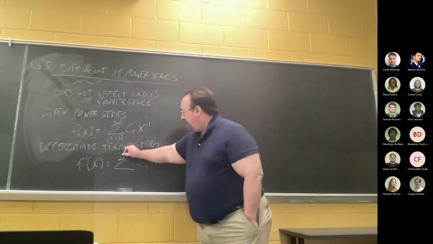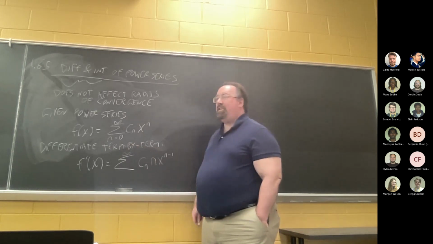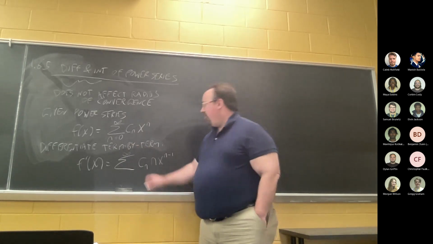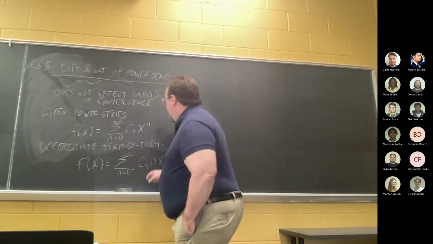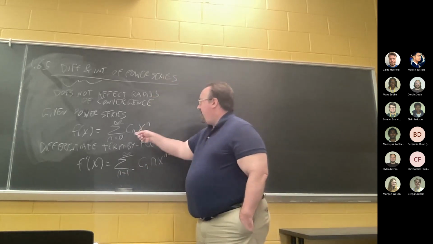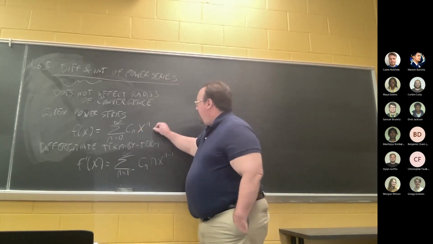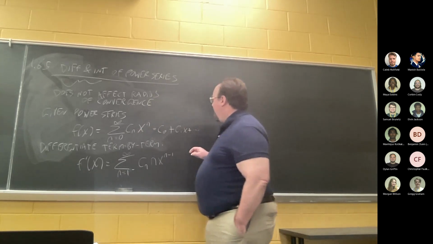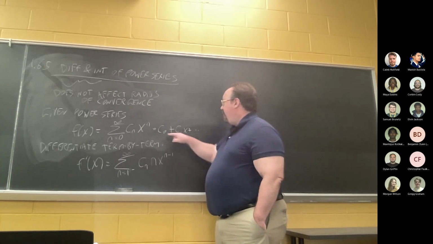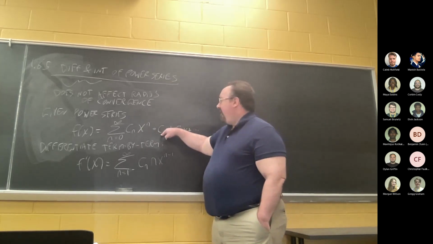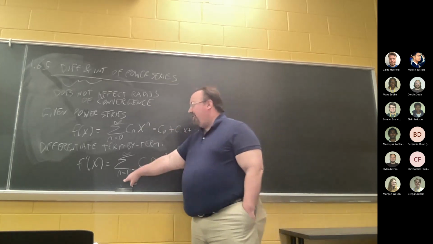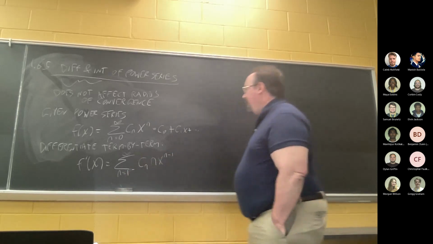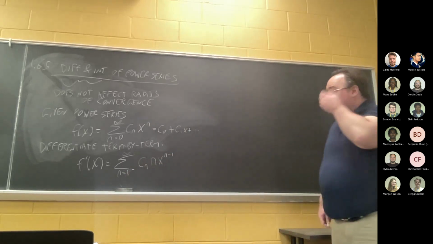I'm obviously going to go off to infinity, but where should it start? 1. Yeah, at 1, because the first term of this series is just c_0, c_0 plus c_1 x, and so on. I take a derivative of each of these terms, the derivative of the first term is going to be 0. So there's no point in starting at n equals 0. I can start at n equals 1.